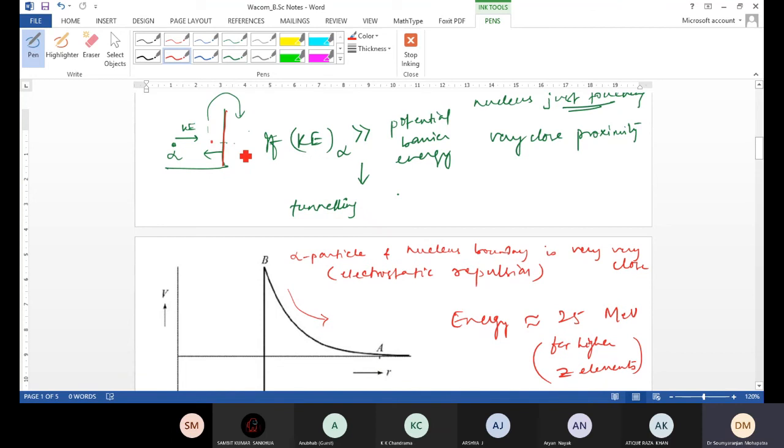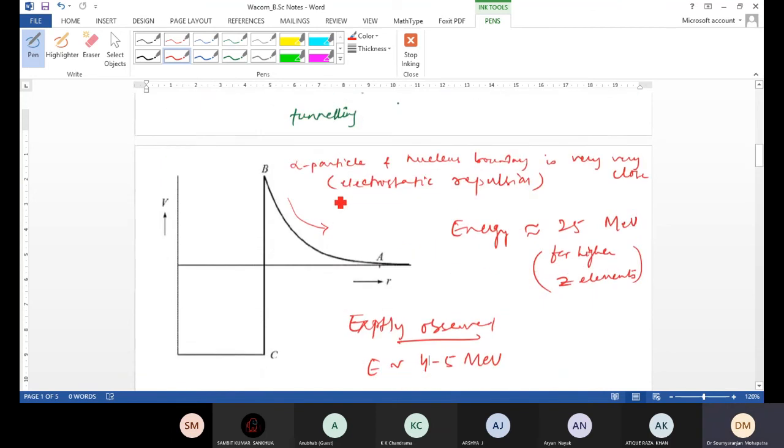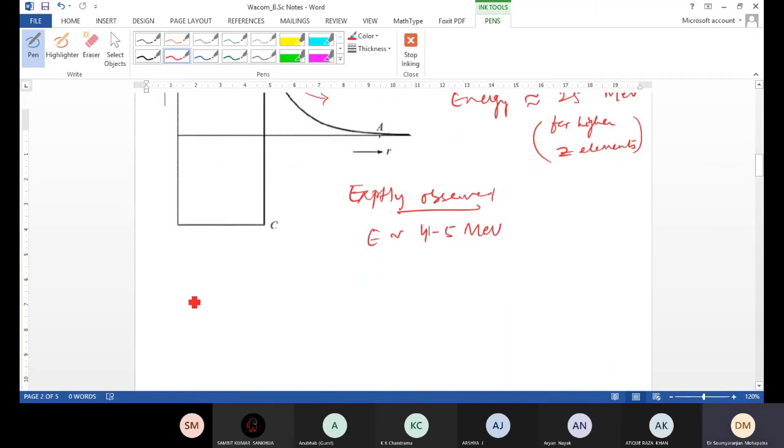Okay, so how is it possible? Either by jumping or by tunneling. Jumping is not possible. Why? Because the alpha particle itself has very little energy as compared to 25 mega electron volts, and you are not giving any extra energy from outside.